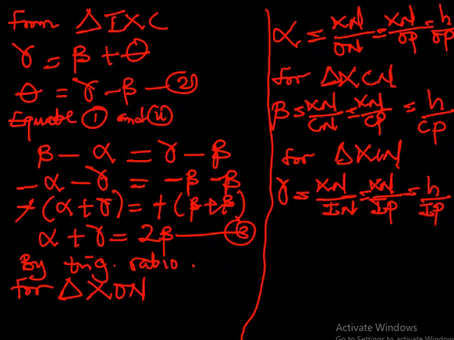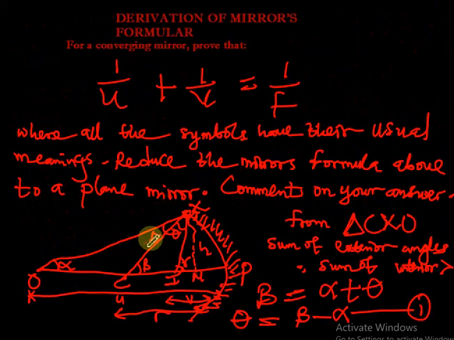Let's go back to the sketch. When you consider XON, the interior angle there is alpha, so alpha now equals XN over all the distance there, OP, which is still the same thing as XN over ON.